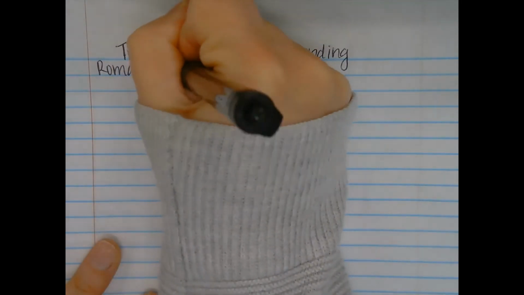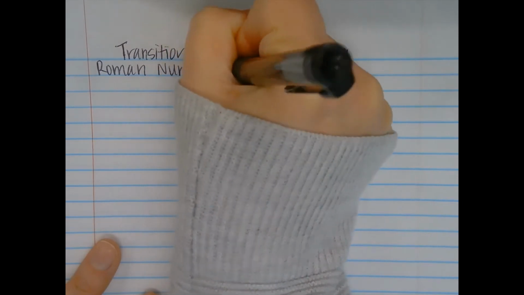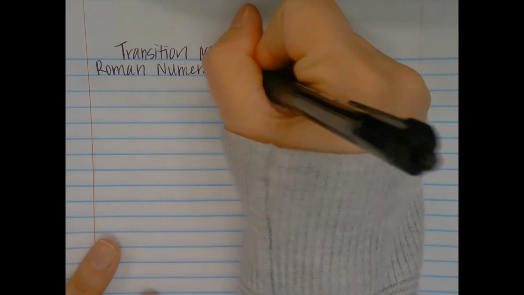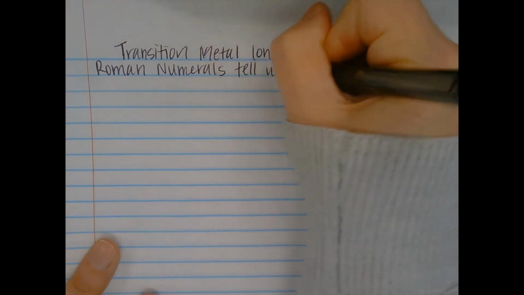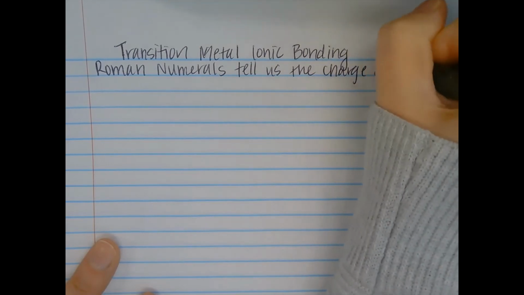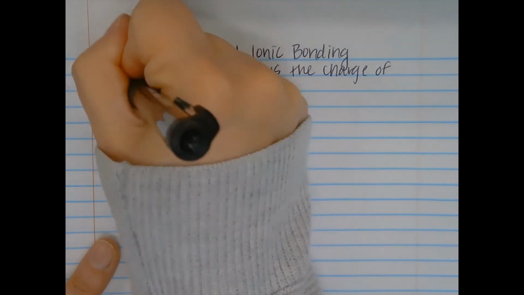Roman numerals are really important in transition metal bonding because they tell us the charge of our transition metals.